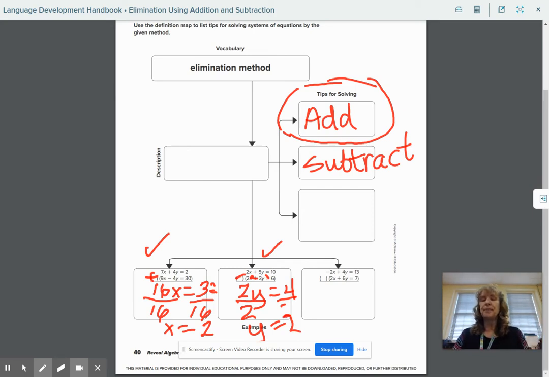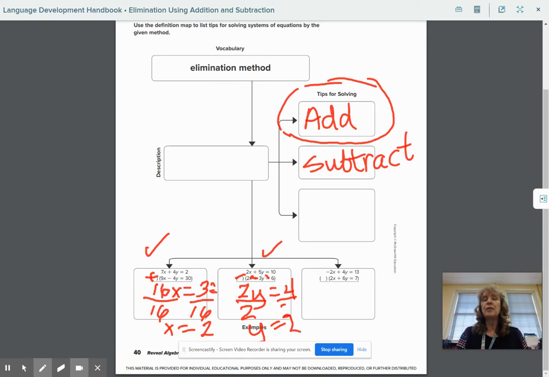So there's 2 tips. Now your final tip is a little bit more complicated because they want you to now, after you've, in this case, we solved for x in one of the equations, the first one, and then the second one we solved for y. Now this one they want you to solve for both variables.